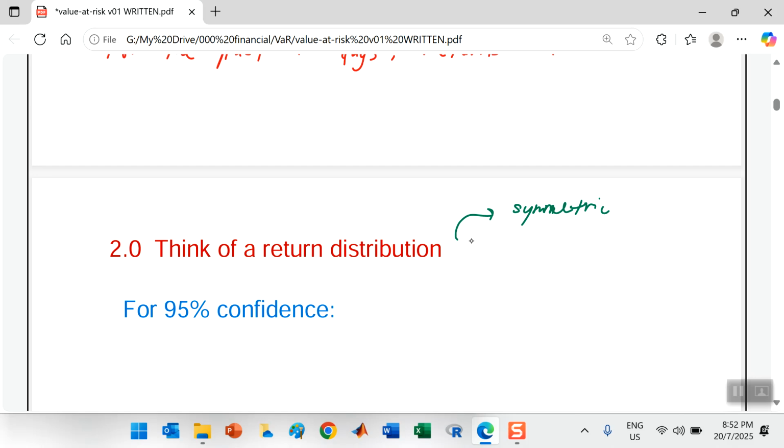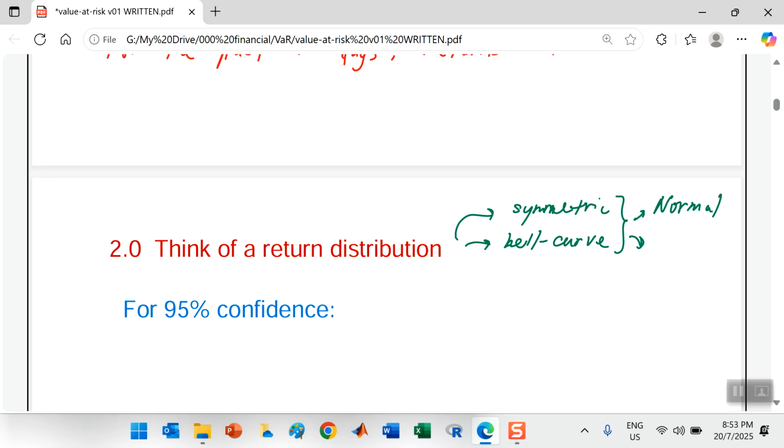It should be symmetric, and then what else? It should be the bell curve or bell shape, and then yeah, with these two characteristics, the common distribution we can think of is the normal distribution.